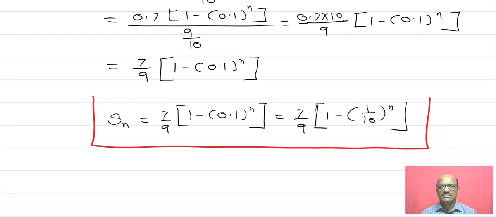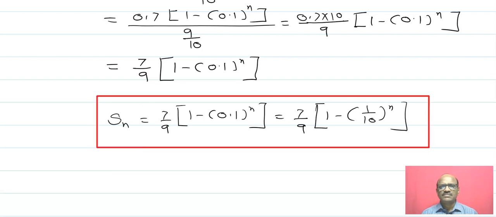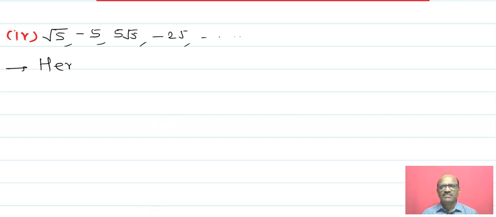Now next, number 4: root 5, minus 5, 5 root 5, minus 25.